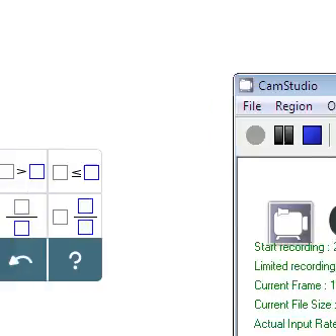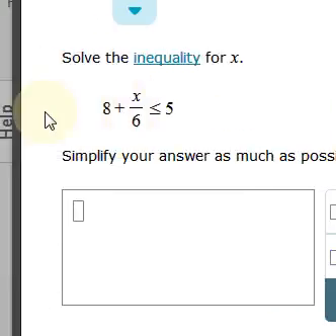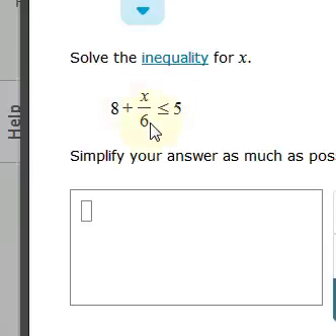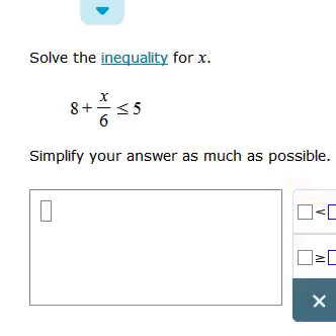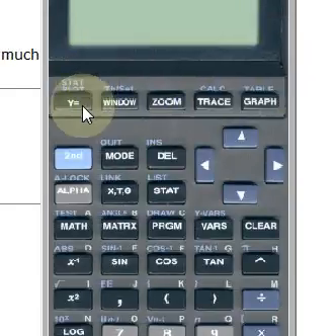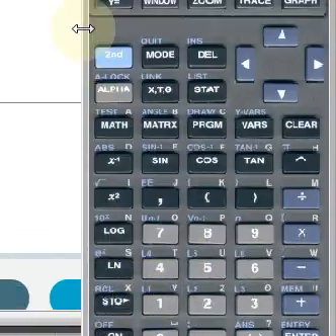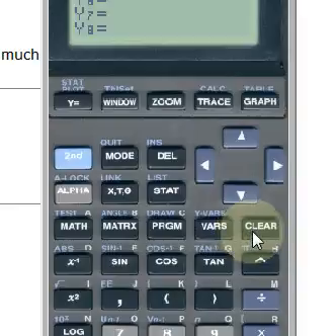Okay, now I've got the inequality up here: 8 plus x over 6 is less than or equal to 5. So how do we enter that in the calculator? We can solve for it. We'll go to the y equals area, turn it on, and clear these other ones out.